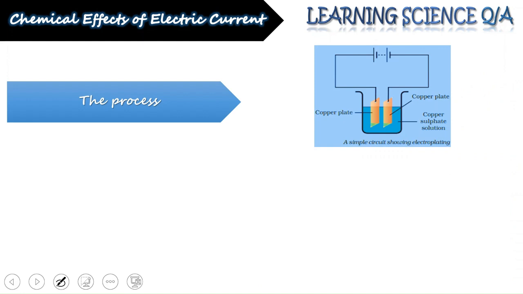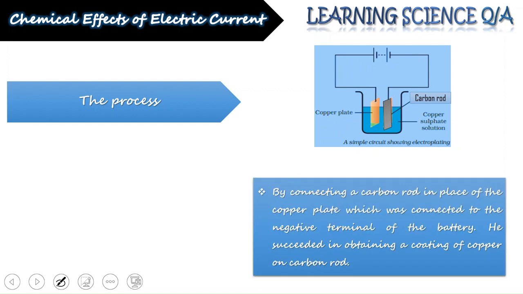This is the same diagram from the previous slide, with two copper plates attached to the positive and negative terminals, and the electrolytic solution copper sulfate. Now, just replace the negative terminal electrode with a carbon rod. On applying the same electric current, the copper and sulfate ions will dissociate as usual.